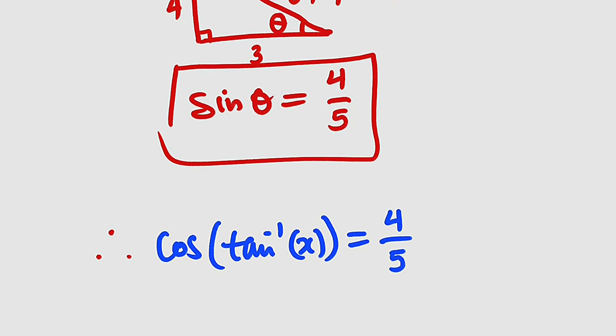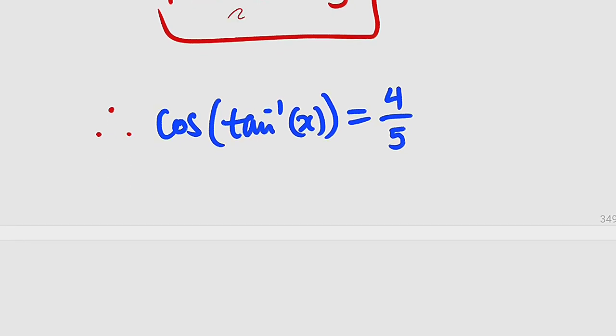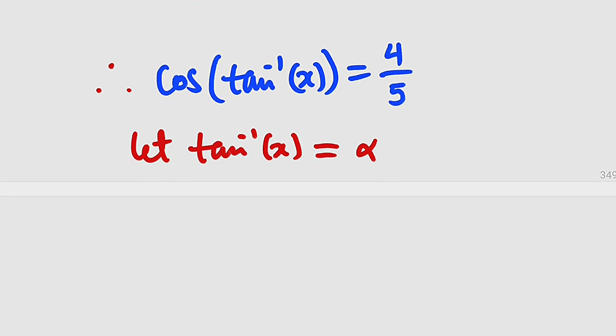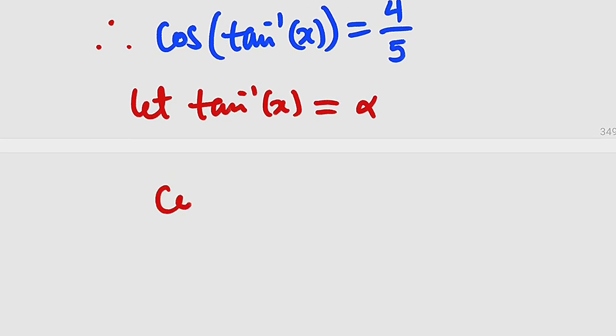We are going to repeat the same thing. By substitution, we let tan inverse of x be equal to, this time around, alpha, which means that cosine of alpha is equal to 4 over 5.